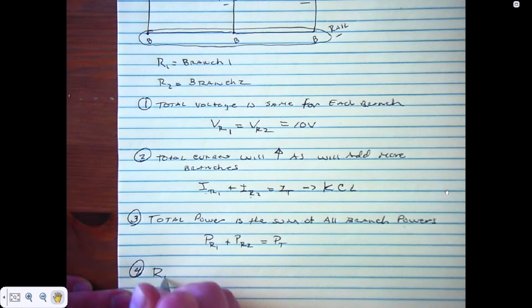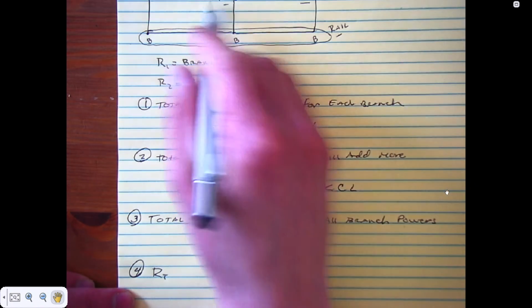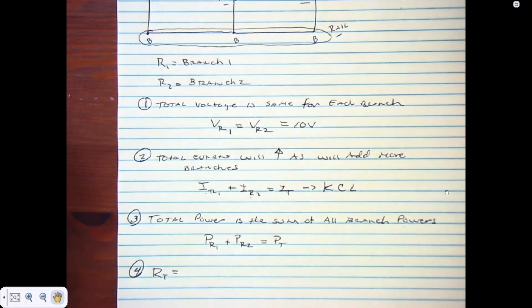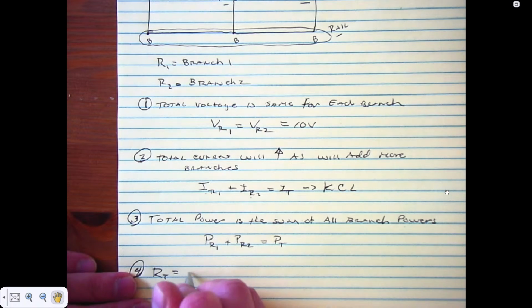Our total is not just the summation of the branches, but there's a couple of equations we have to actually use in order to get our total. There's many ways to find our total, but the equation for our total, if you're looking to use just the branch resistances R1 and R2, if you have two resistors, is R1 times R2 over R1 plus R2.